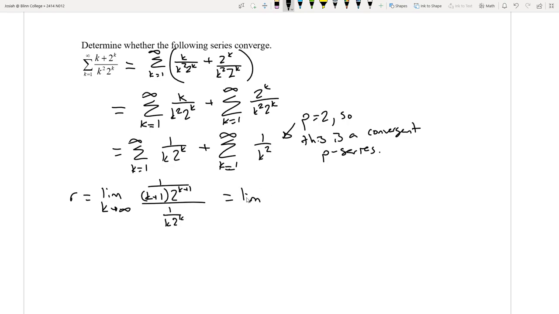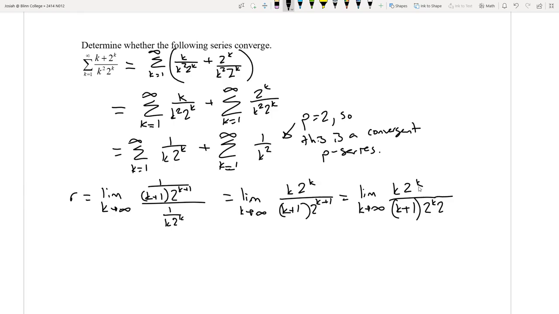So we get the limit as k tends to infinity of k to the k over k plus 1 to the k plus 1. So we split up our k plus 1 stuff as best we can. It looks like there's not really much that can happen with this k plus 1 sitting there in the parentheses, but we can change the exponential into 2 to the k times 2, which cancels out some stuff here. So we get the limit as k tends to infinity of k over 2 times k plus 1. We use L'Hopital's. We get the limit as k tends to infinity of 1 over 2. So we get 1/2.